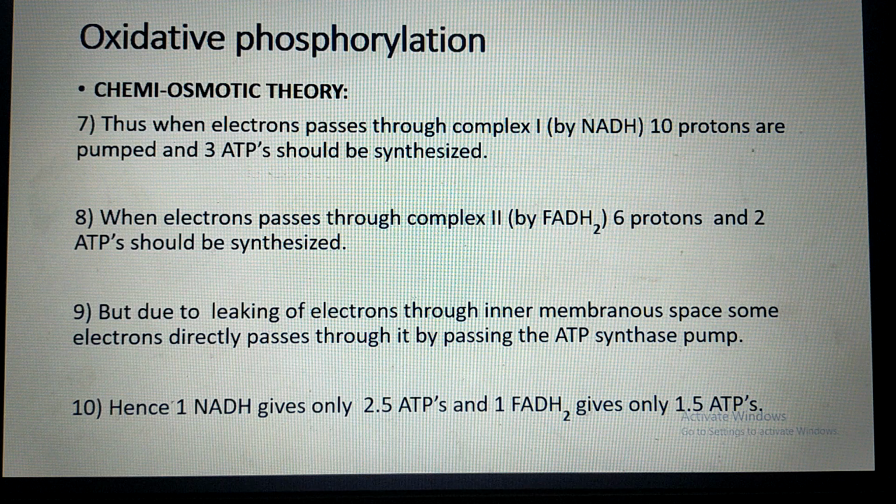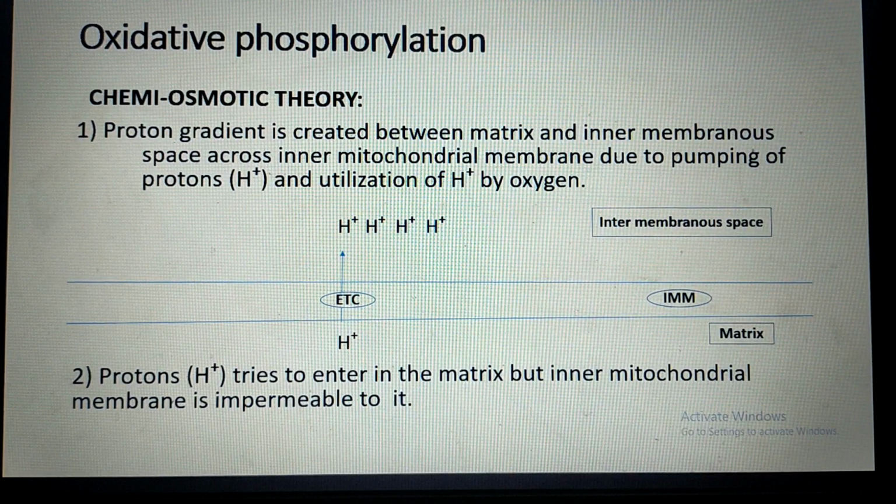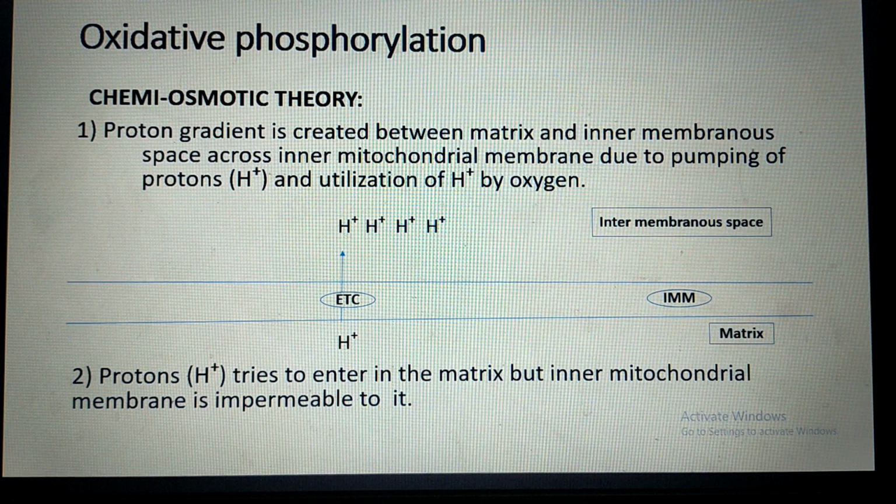But this is not seen because leaking of protons occurs through the inner mitochondrial membrane from the intermembranous space to the matrix. What I have told you, that the inner mitochondrial membrane is impermeable to protons, and hence protons will not travel through the inner mitochondrial membrane and do not enter the matrix.